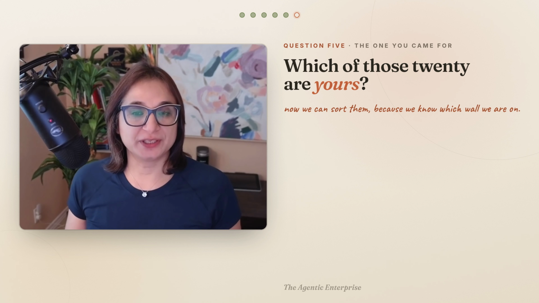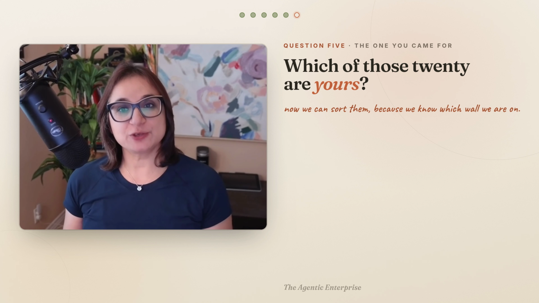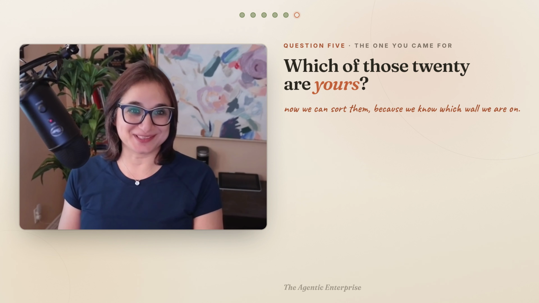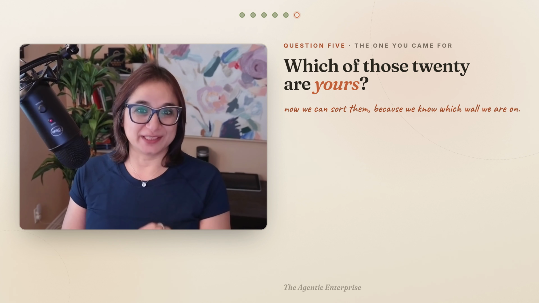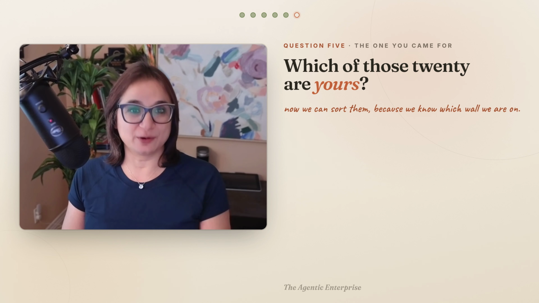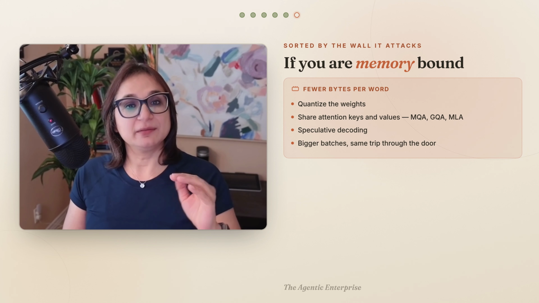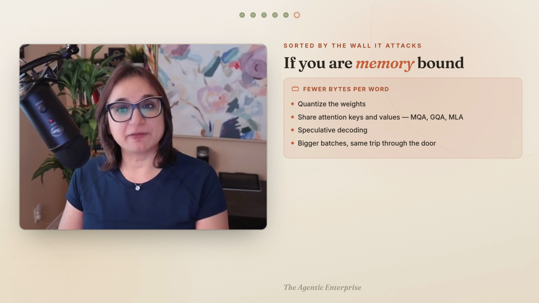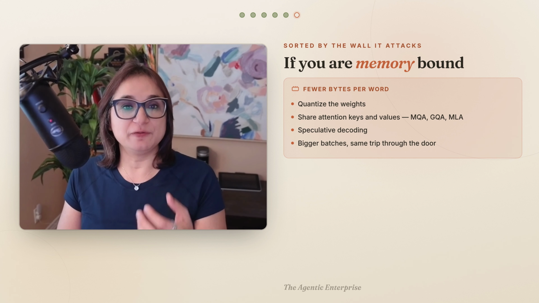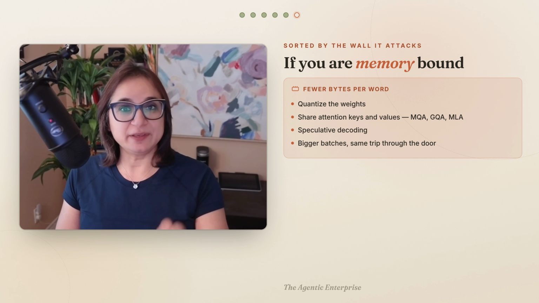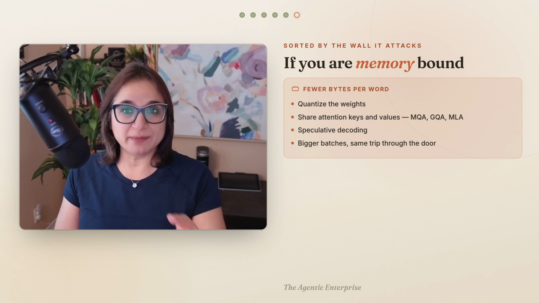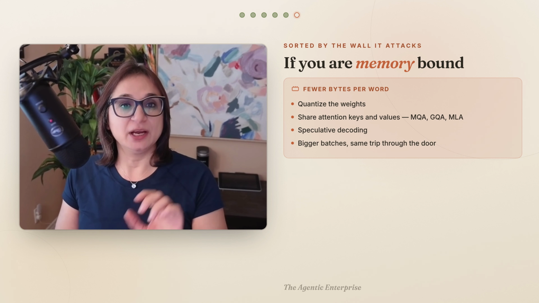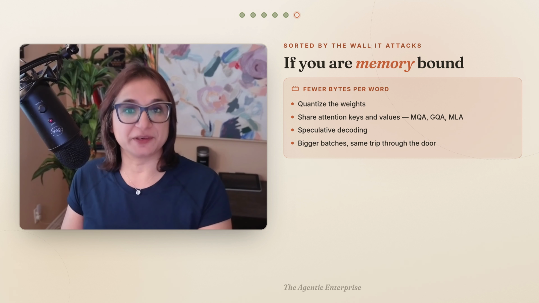So, fifth question, and this is the one you came for. Which of those 20 techniques are yours? And now we can sort them because we know which wall we are on. So, if you are memory bound, bandwidth bound, and for the writing half at ordinary batch sizes, you very probably are. Then everything that helps you is about moving fewer bytes per word or getting more words out of that one trip.